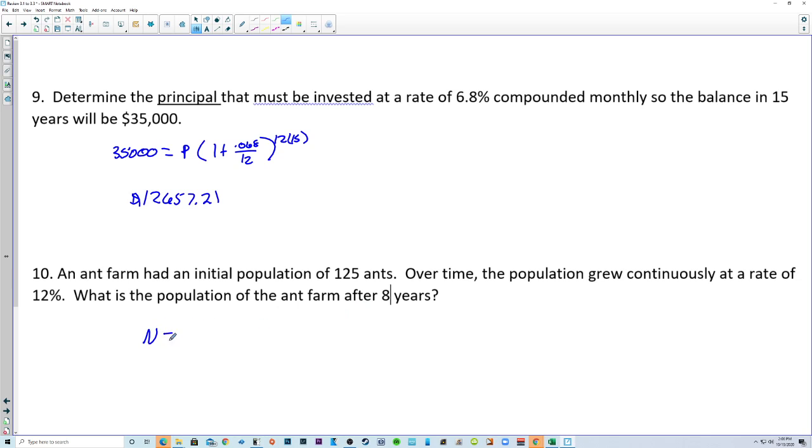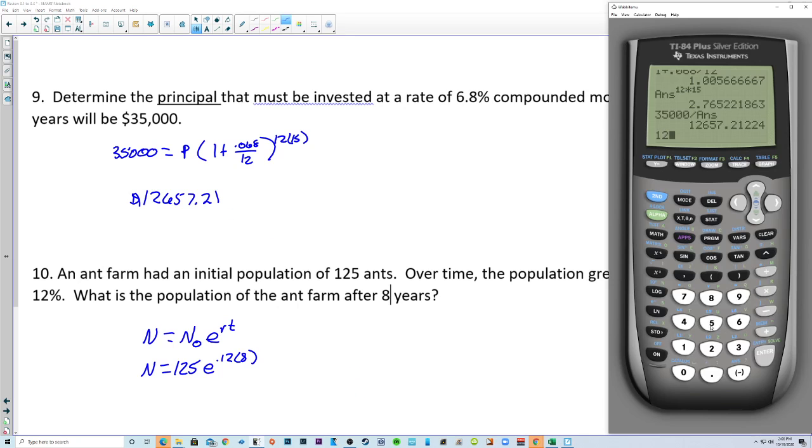So the population, or the number of ants, equals the initial amount, e to the RT. And it's the PERT formula, except we're not working with money, so we don't have this as the amount and that as principal. We just have the initial amount, and that's equal to the amount in the end. So in the end, we'll have 125 e to the 0.12 times the 8 years.